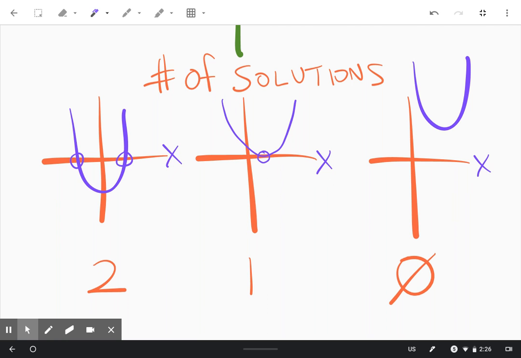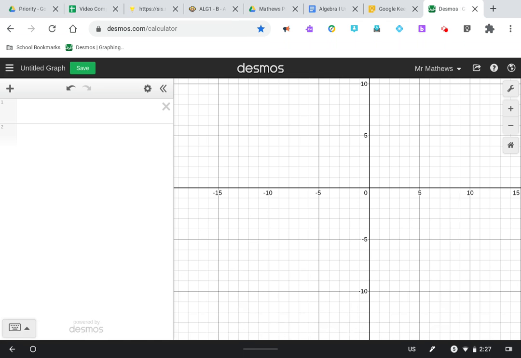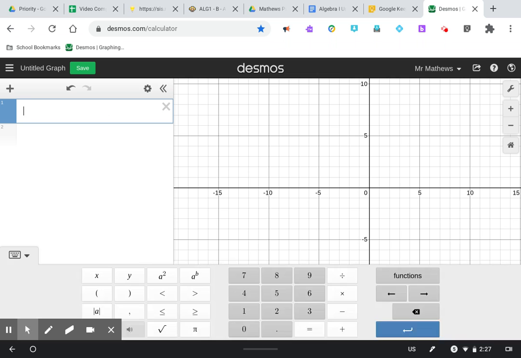So we're going to be dealing with all three of these types, but we're mostly going to be relying on our graphing calculator. So let's open that up real quick and go to Desmos, and let's talk about some functions that fit into those different categories.